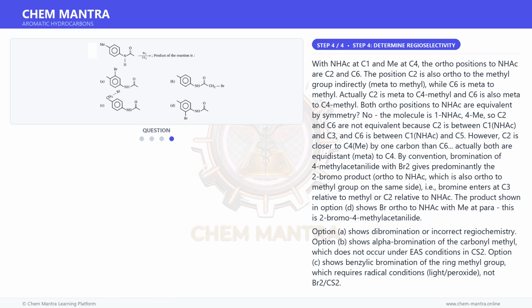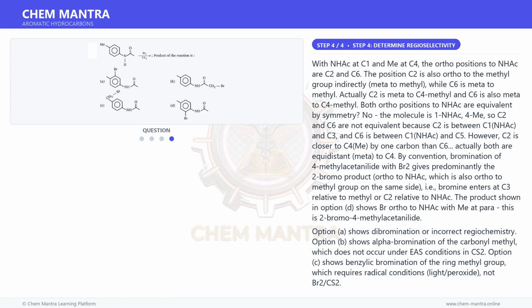Actually, both are equidistant, meta, to C4. By convention, bromination of 4-methylacetanilide with Br2 gives predominantly the 2-bromo product, ortho to NHAc, with bromine entering at C3 relative to methyl or C2 relative to NHAc.